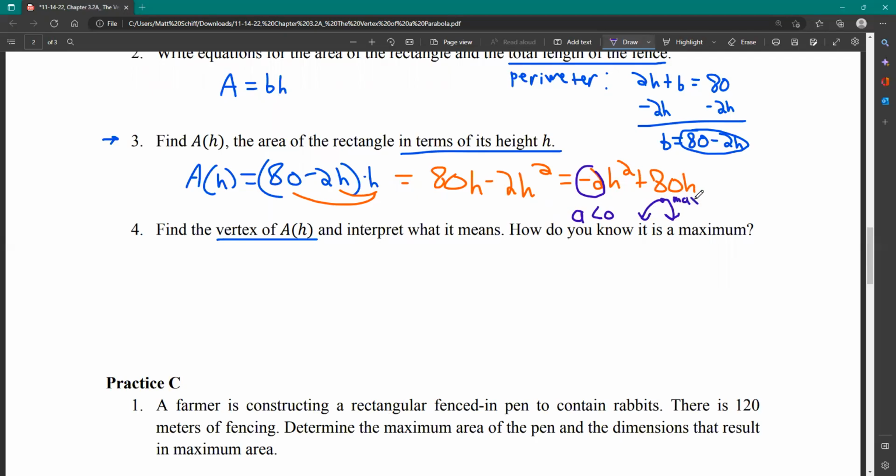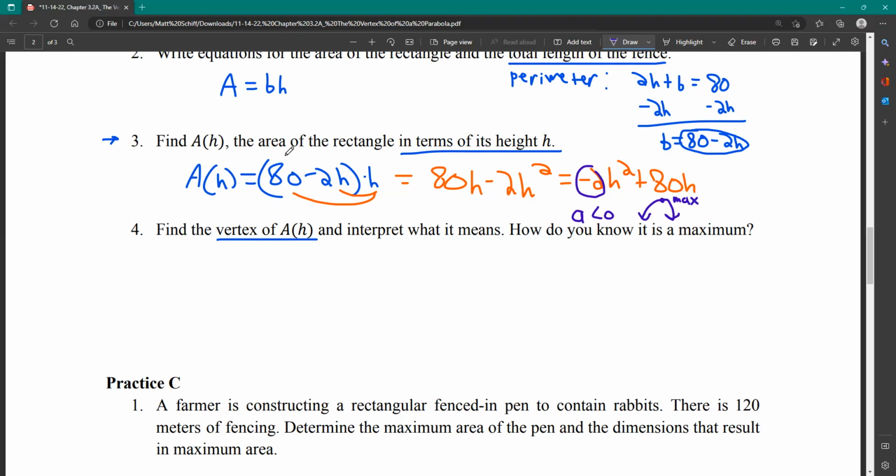So this is a way to quickly verify that you're on the right track, because we're trying to maximize area. So our function better be concave down, right? The a value better be negative, otherwise we're doing something wrong. So by putting it in standard form, we can clearly see that we're on the right track, because it will have a maximum based on the a value.